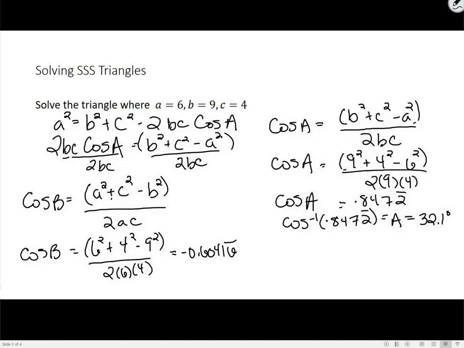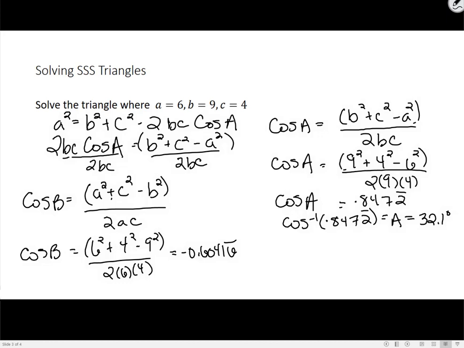Notice I got a negative answer. That is okay because this is an oblique triangle, so I'm going to allow for negative answers. Cosine will be negative in quadrant 2. So this just tells me that I'm going to have an obtuse angle.